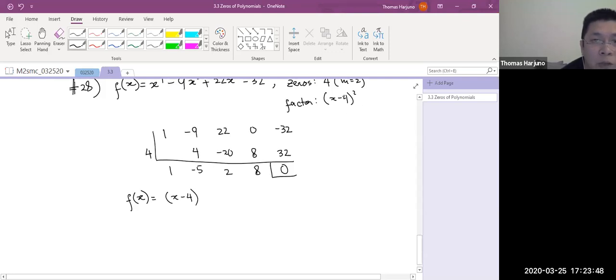We know that I should have (x minus 4) squared, right? But knowing (x minus 4) squared doesn't tell us what's the remaining factor. So I use one of the 4s. Now I reduce that to x minus 4, and then x cubed minus 5x squared plus 2x plus 8. Is it right? Now I will reduce this again, because 4 is a zero with multiplicity of 2. So I already reduced by x minus 4 once. I will do it again by 4.